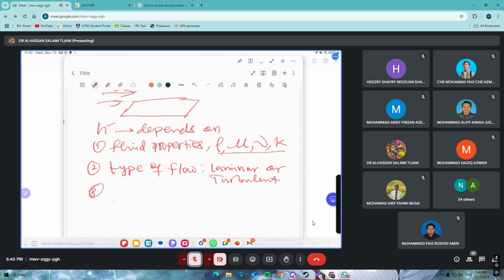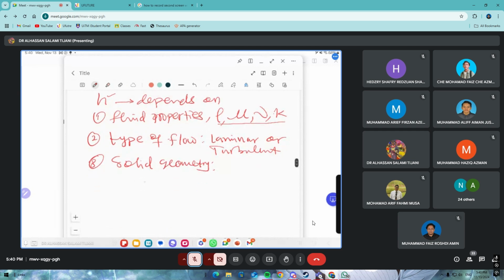And number three, h also depends on the solid geometry. I've told you that, let's say, if you have a triangular object, a circular object, a flat plate, and then fluid is flowing across all of them, each and every one will have a different h.